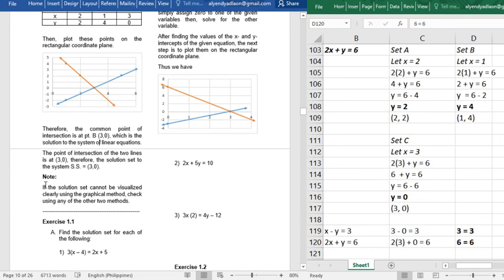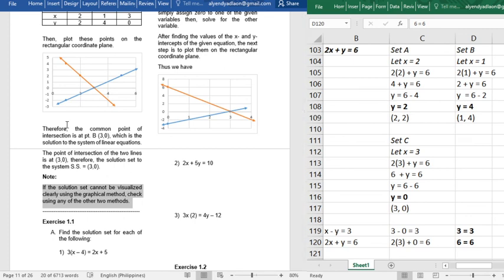Now take note, class, that if the solution set cannot be visualized clearly using the graphical method, check using either of the other two methods. The answer that you get using the graphical method will depend on whether you really made a perfect graph.